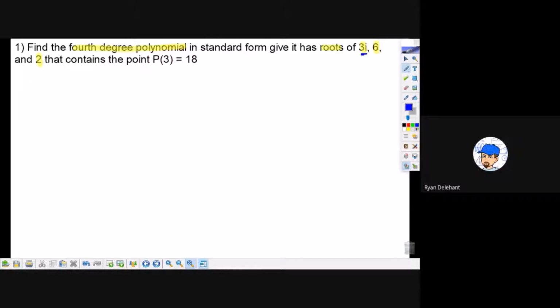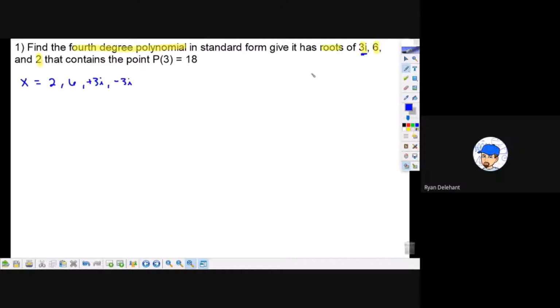Because what we're working with here is what's called the conjugate roots theorem. We have real numbers of 2 and 6, and I give you a positive 3i. That tells you what the 4th root has to be, because the positive 3i has to have its conjugate, which is negative 3i.